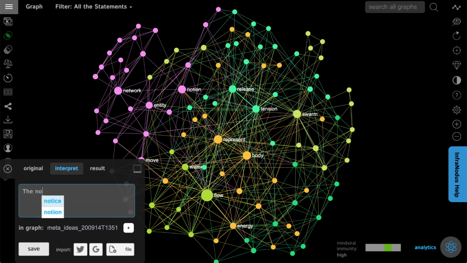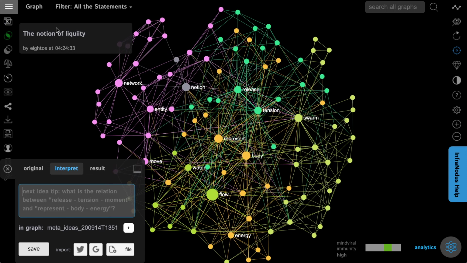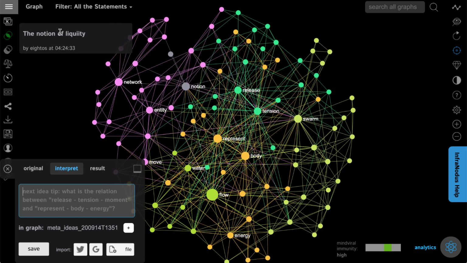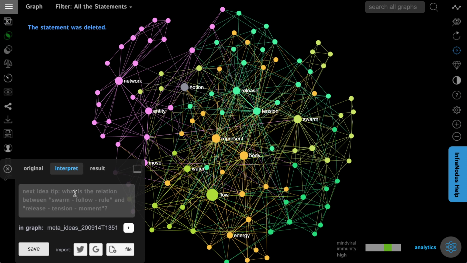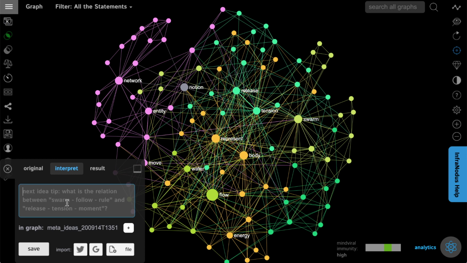the notion of liquidity. Here, by the way, I made an error, so I'm going to fix this. Just click on this, edit, delete. You can always do that if you make a typo.